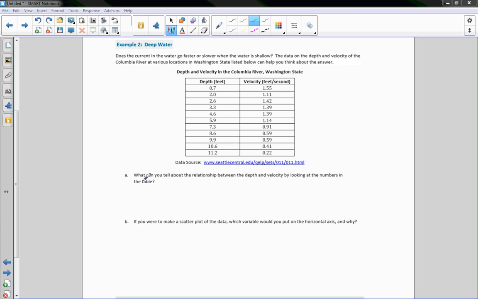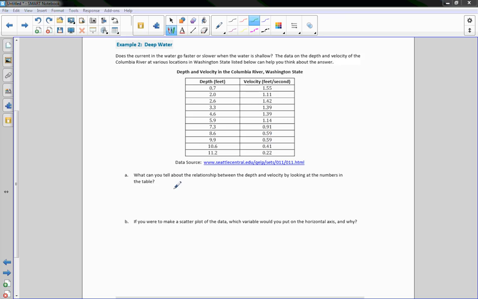And A says, what can you tell about the relationship between the depth and velocity by looking at the numbers in the table? Well, here's the depth in feet, less than a foot, velocity 1.55. And then here is a depth of 11 feet, and it's only 0.22 feet per second. So looking at these bigger depths, we have a slower moving velocity in feet per second.